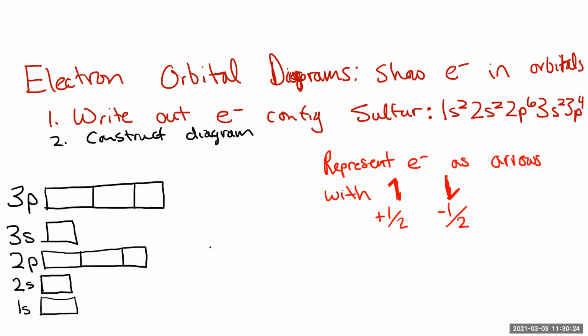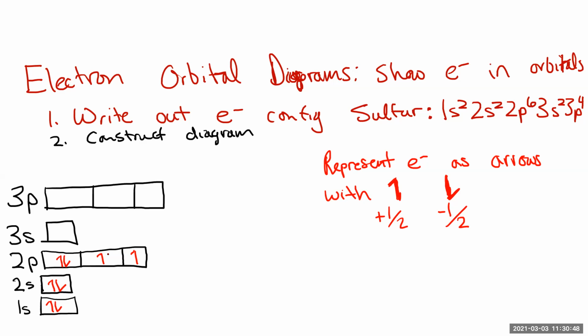Within the same subshell energy level, we fill 1 electron and then 2 electrons. We go 1 electron and then 2 electrons. Now filling the 2p, we go 1 electron, 2 electrons, 3 electrons, because electrons space out within there because they are negatively charged and they want to be as far apart as possible.